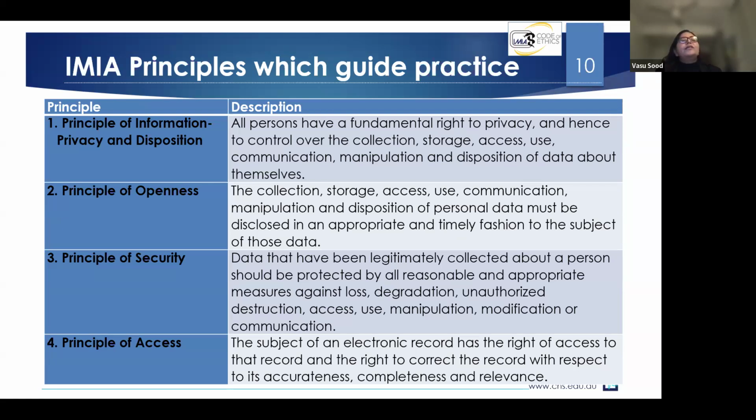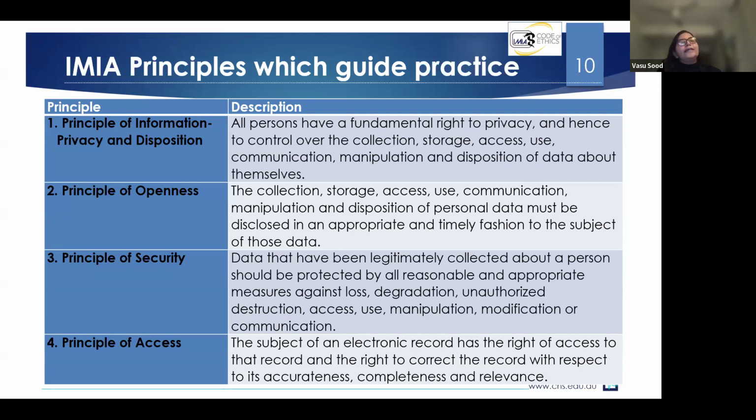Then there is the principle of openness, which indicates that people must be informed about how their personal data is handled in a timely and transparent manner. The security principle indicates that personal data must be protected against unauthorized access or loss as well as misuse. The fourth principle is the principle of access, which indicates that individuals must have the right to view and correct their personal record to ensure accuracy and relevance.